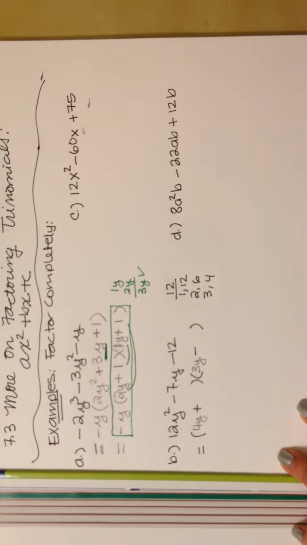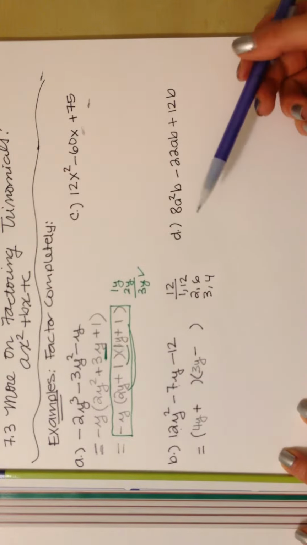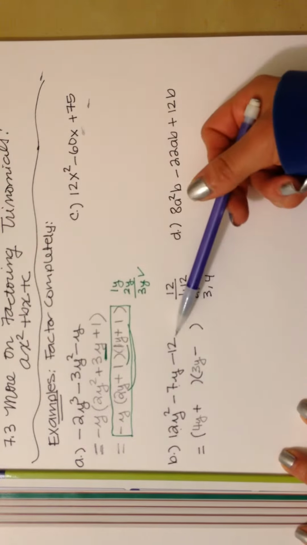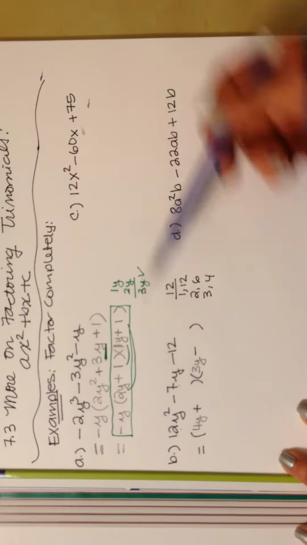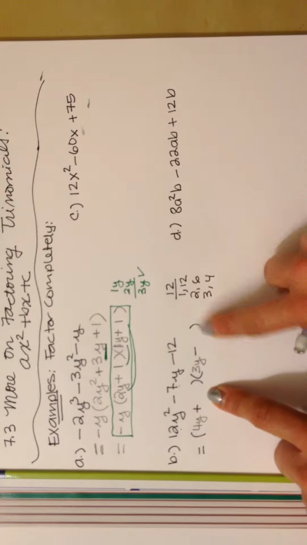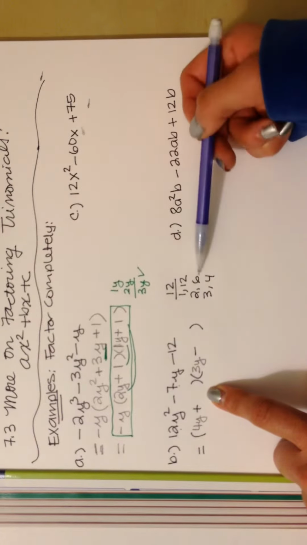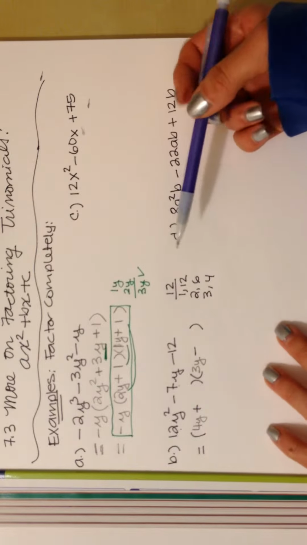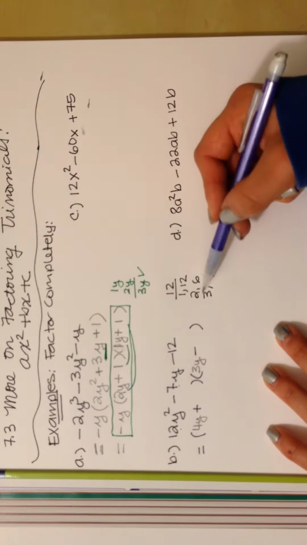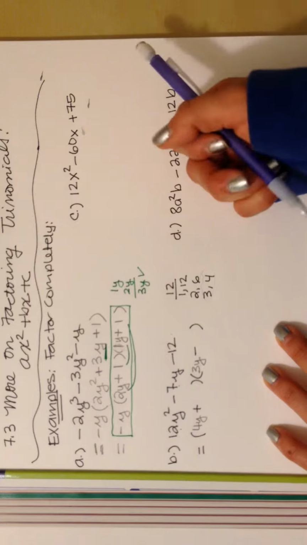All right, now here's a trick. Since I have 12 here, now you also have 3 choices for these two terms. Do we use 1 and 12, 2 and 6, or do we use 3 and 4? Like I said, try the ones that are closer together first. So we'll try 3 and 4 for this last term as well.